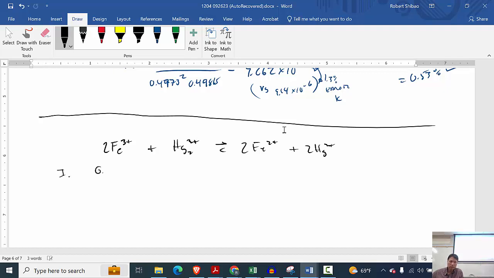So our initials were 0.5000 for the reactant and 0.03000 for the products. And then I'm going to reset this. Which direction should I reset it? Should I reset it to the left or to the right?